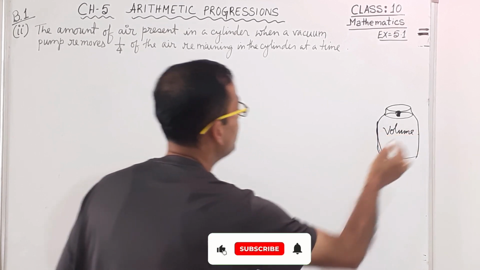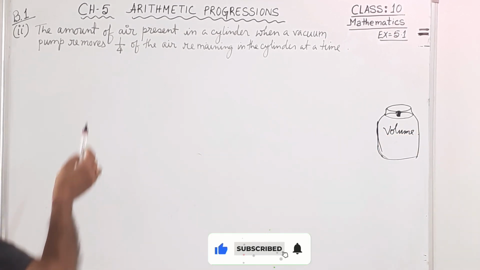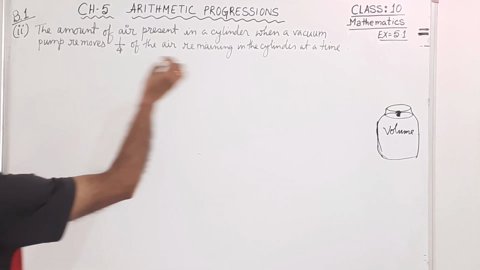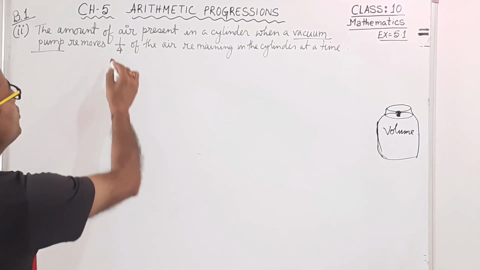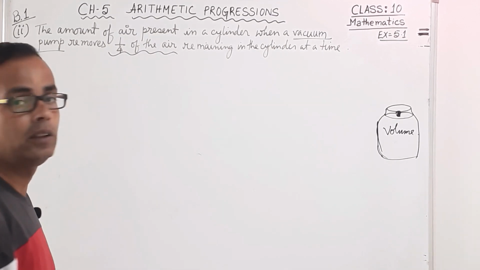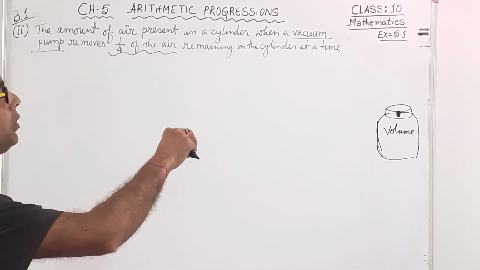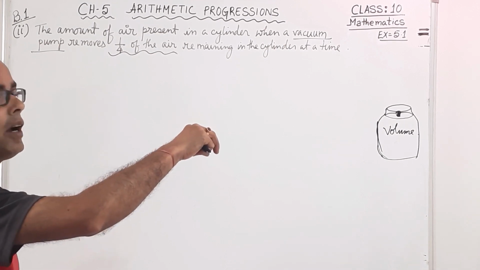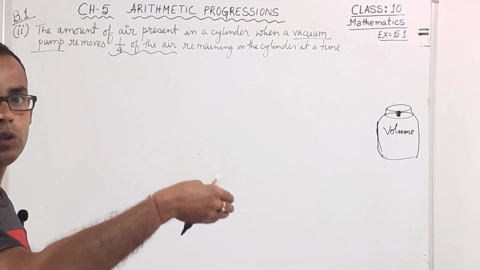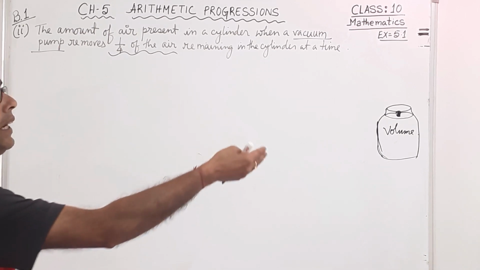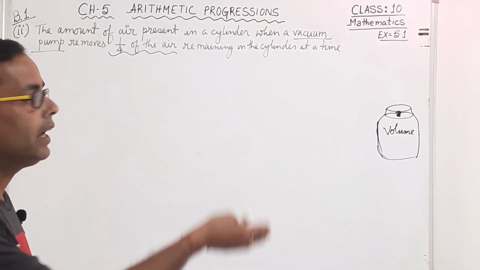And what is it telling? It is telling that when a vacuum pump removes 1/4 of the air every time, when you are using the vacuum pump, it is taking out 1/4 of the air which is present in that cylinder.